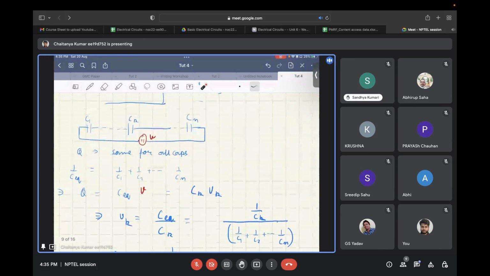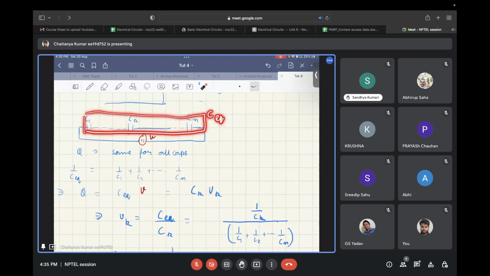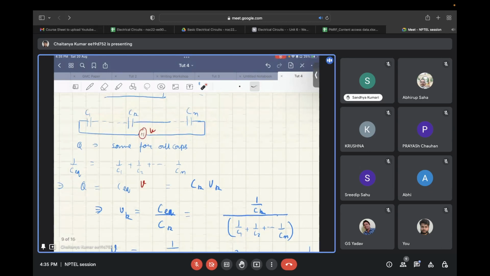The charge that is stored across the equivalent capacitor, that is the C_eq, will be equal to C_eq times the applied voltage. And again, since the charge is the same in the series, that will also be equal to the kth capacitor, C_k, times the voltage across the kth capacitor.